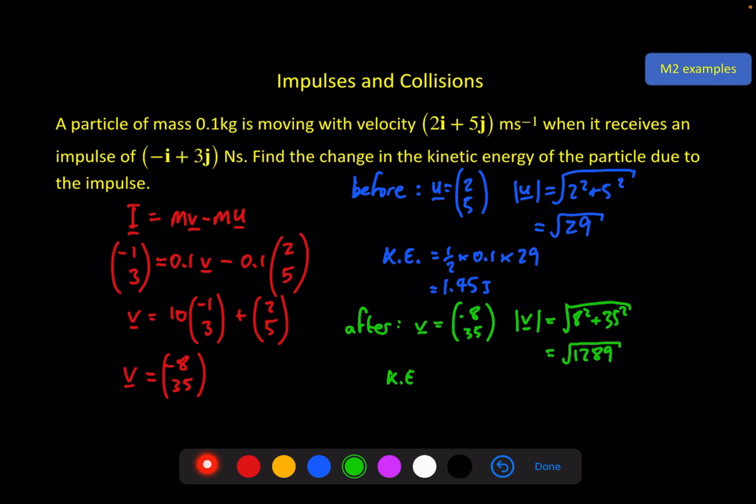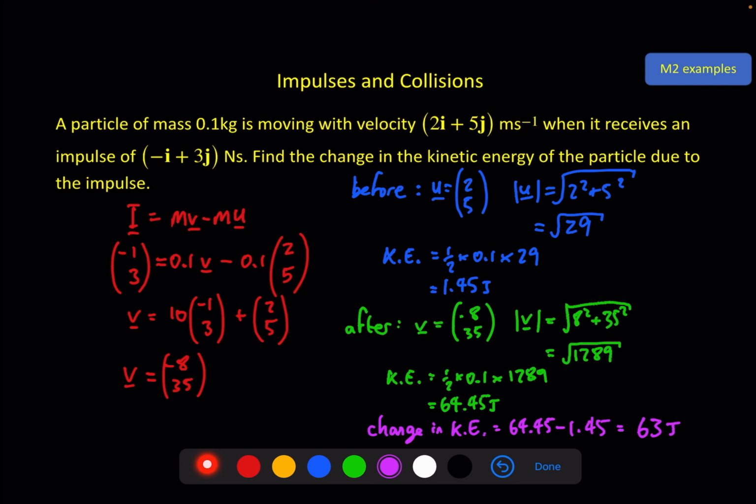Kinetic energy is 1/2 times the mass times that squared, which brings it back to 1289, which is 64.45 joules of energy. Therefore the change in kinetic energy is 64.45 minus 1.45 is 63 joules of energy.